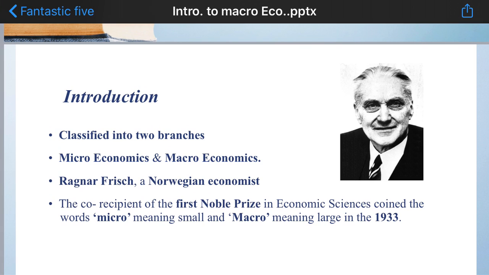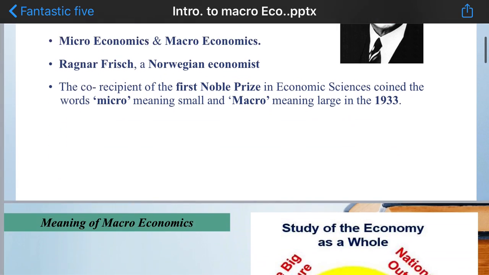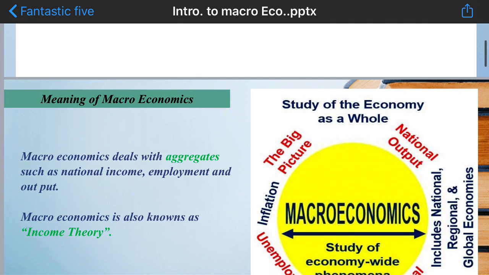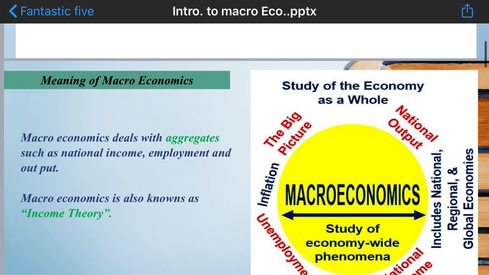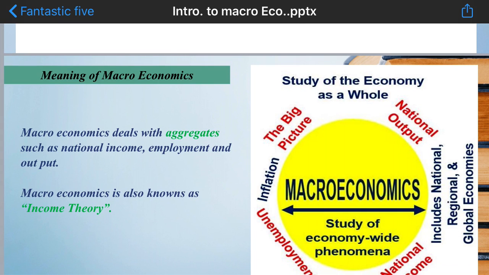Hence macroeconomics is a study of the economy as a whole. In other words, macroeconomics deals with aggregates such as national income, employment and output. Macroeconomics is also called income theory.